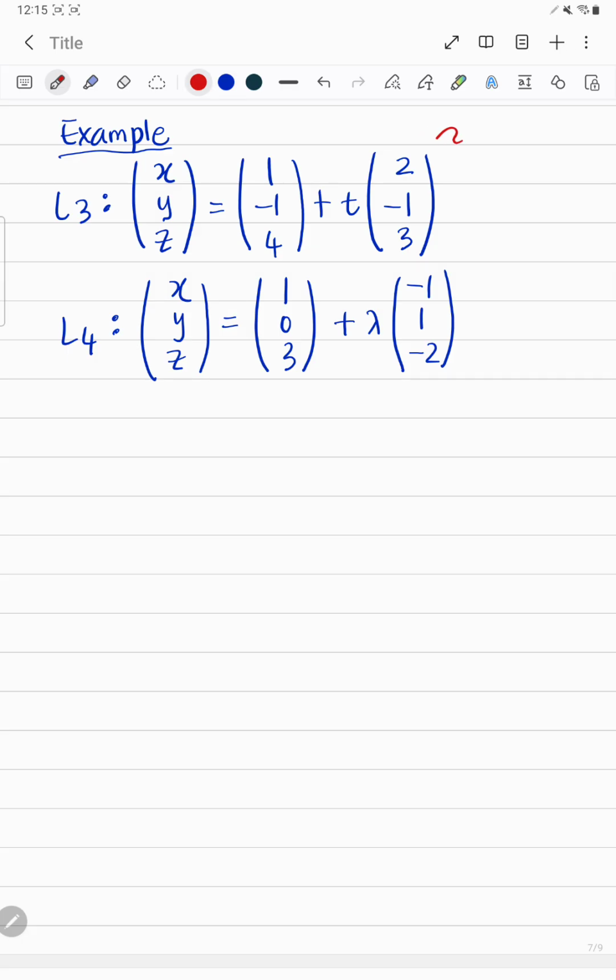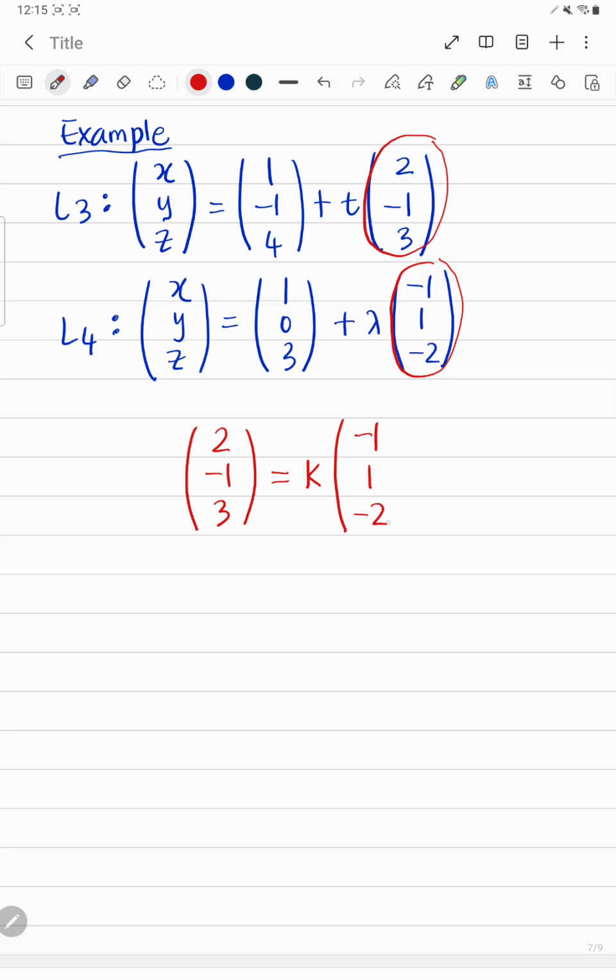So if we look at the direction vector of line 3 and the direction vector of line 4, do you think we can rewrite (2, -1, 3) as k times (-1, 1, -2)?